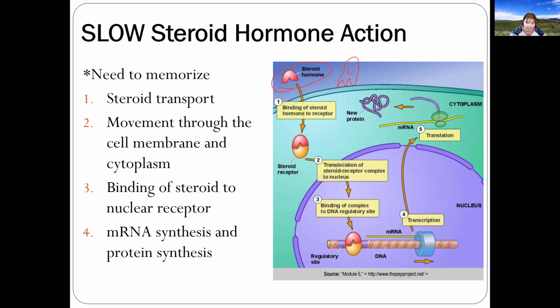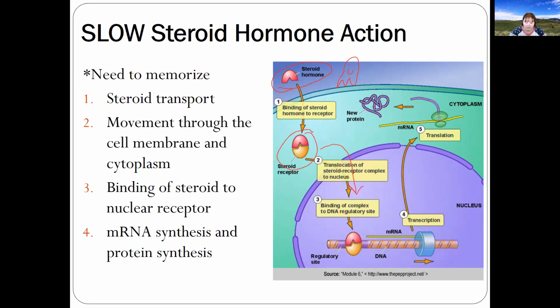Once it's in the cytoplasm, it's then going to bind with its nuclear receptor. So each hormone has its own nuclear receptor. Okay, and so it's going to be different for testosterone, different for progesterone, and different for estradiol. So it has to find its correct one first. And then it is going to go into the nucleus of the cell.